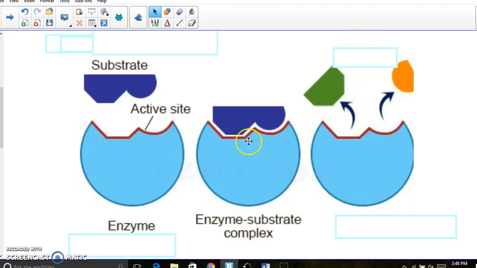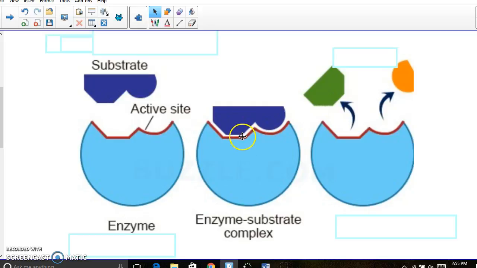So once that substrate binds to the enzyme, it makes that chemical reaction easier. Remember, chemical reactions are just breaking bonds and recreating bonds. We're just taking the same chemicals and rearranging them.